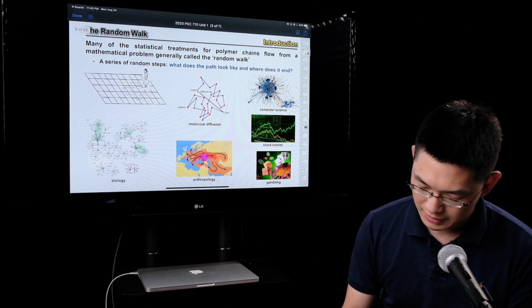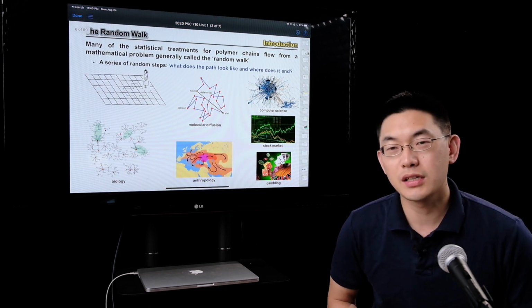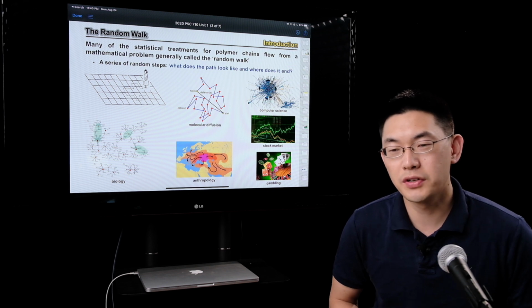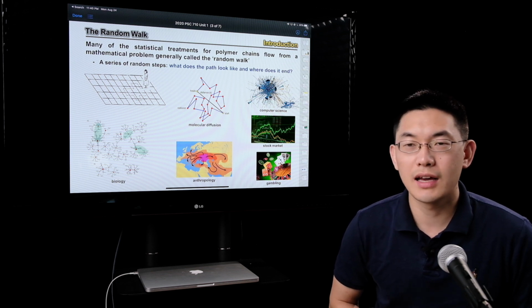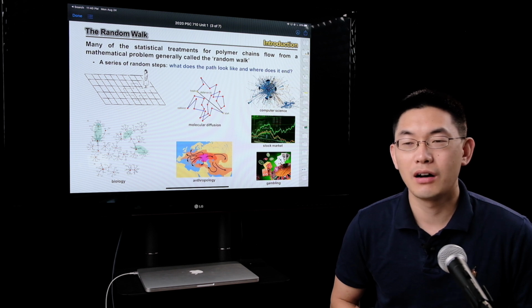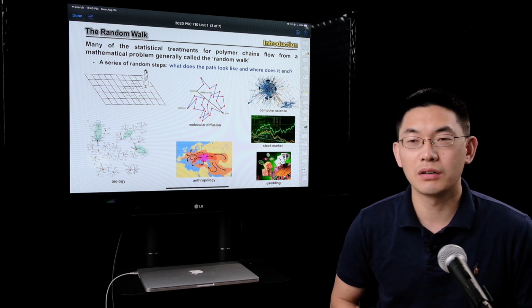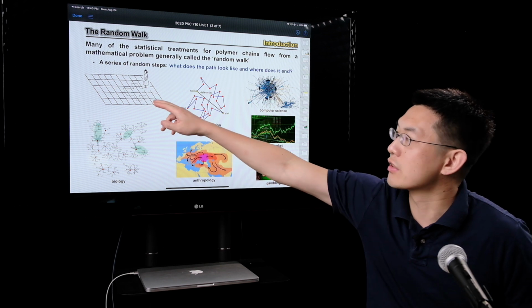To start my discussion, I want to use an example to help everybody visualize how the chain assembles or behaves in three-dimensional space. As you know, a random walk is commonly used to explain how somebody walks around a grid, as shown in the case on the top left.